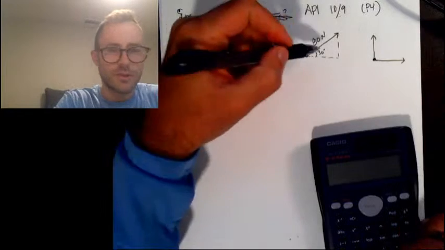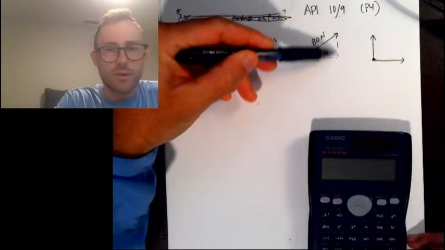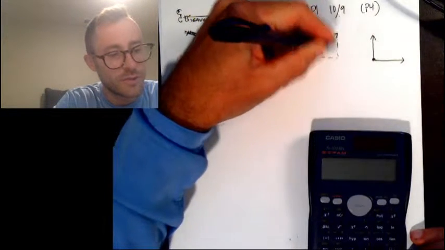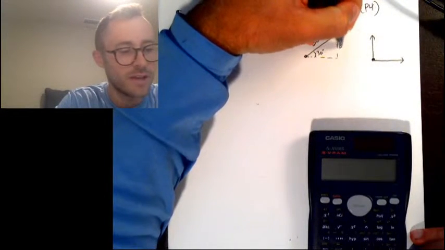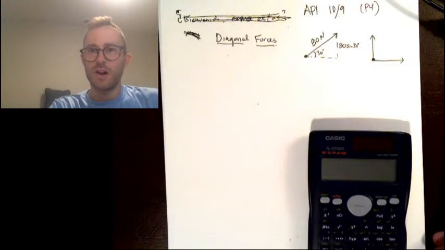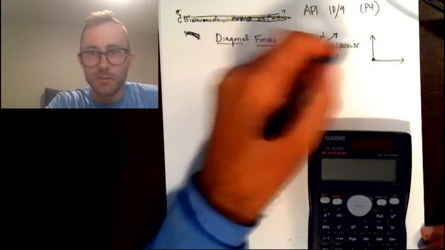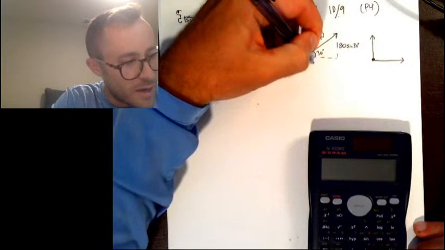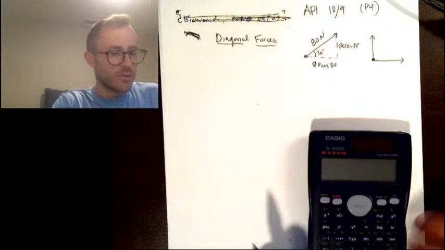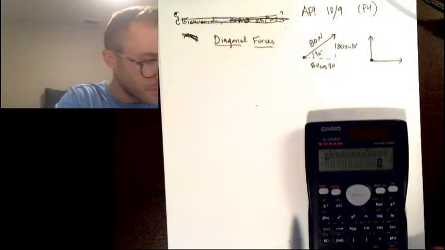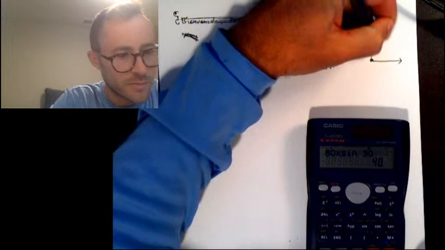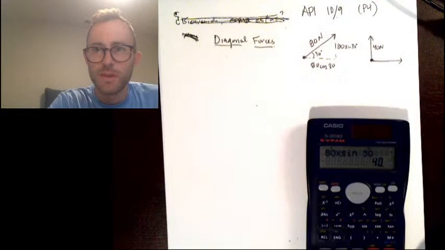For example, this component of the force, we're just going to use the laws of trigonometry. It would be the length of this side of the triangle. So this would be 80 sine of 30, because that's opposite the angle. And this would be 80 cosine of 30. Plugging those into the calculator, 80 sine of 30 is 40, so this is 40 newtons.